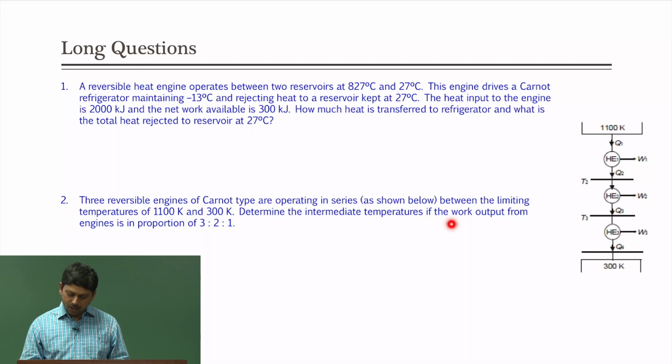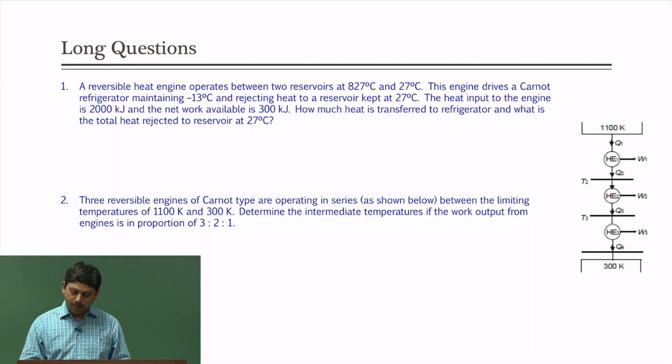Determine the intermediate temperatures if the work output from the engines is in the proportion of 3:2:1. Now, you see the setup of the engine is that heat is coming from Q1 going to Q2, then from Q2 going to Q3 and things like that, and the information given is that the work output is in the ratios of 3:2:1. So, that is important, that we are going to use.